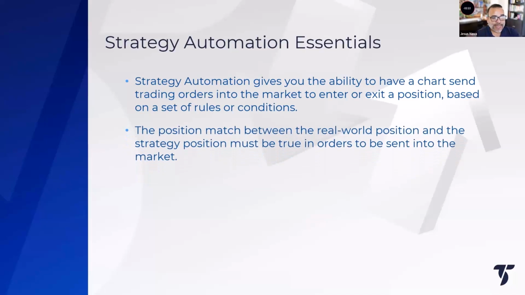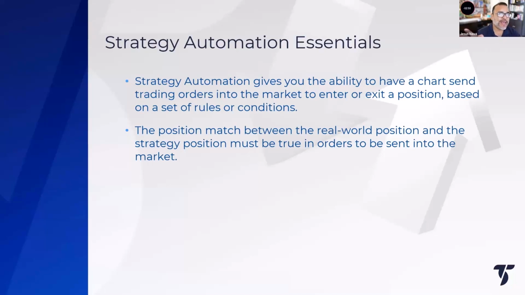The position match between the real world position and the strategy position must be true in order to be sent into the market. I think there's a typo here. In order to be sent into the market, that should be order, as in singular form. So yes, we talk about matching your strategy position with your real world position.